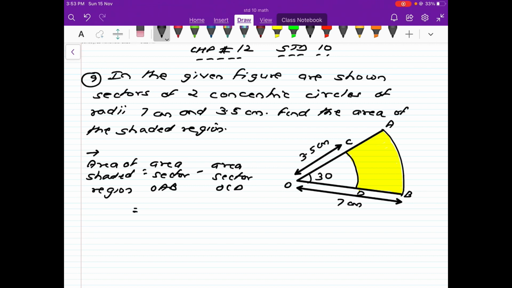So this is theta upon 360 pi r square minus theta upon 360 pi r square.